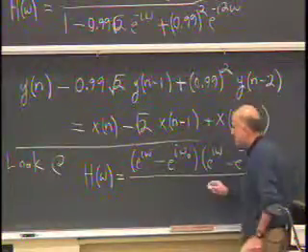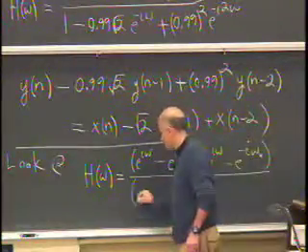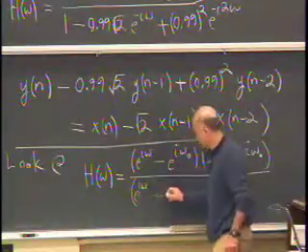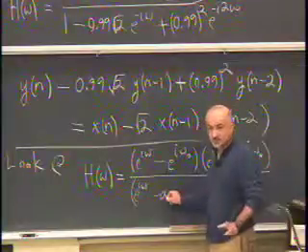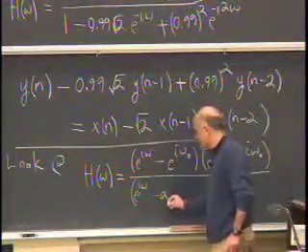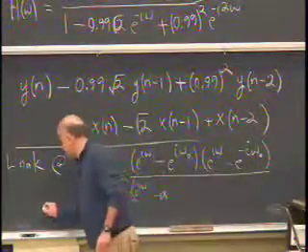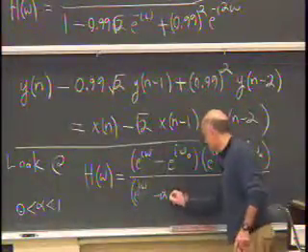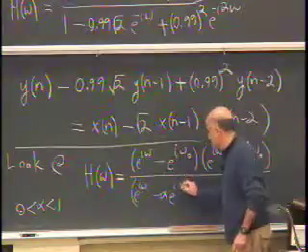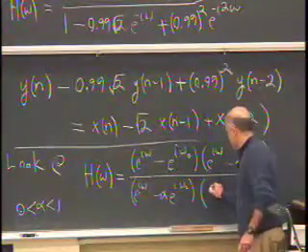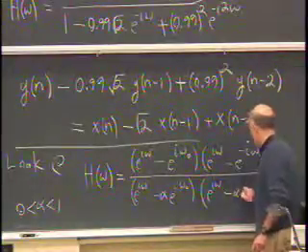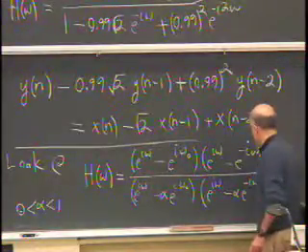And then in the denominator, what do I need? E to the i omega minus some alpha, which is real valued and positive. So in this case, alpha is real valued and positive. E to the i omega naught, e to the i omega minus alpha e to the minus i omega naught.